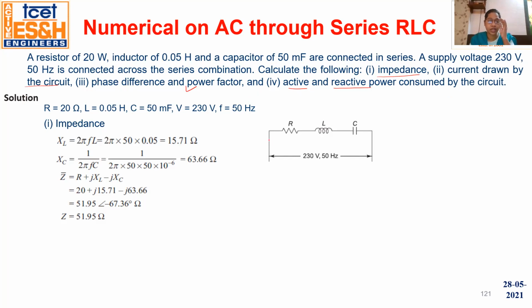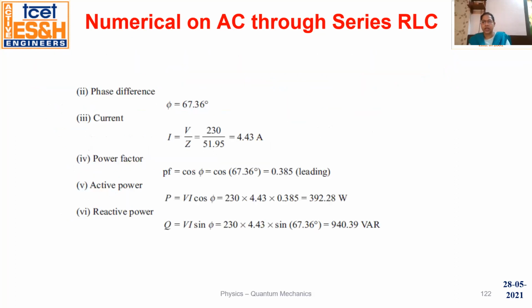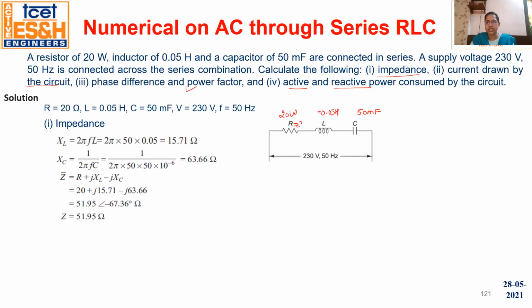So here R is given, a resistor of 20 watt. Inductor value is 0.05 Henry, capacitance value is 50 microfarad, and the supply voltage is 230 volt, 50 hertz.